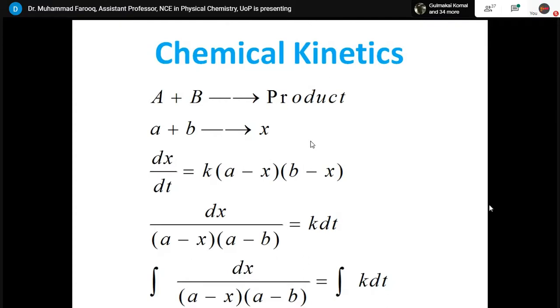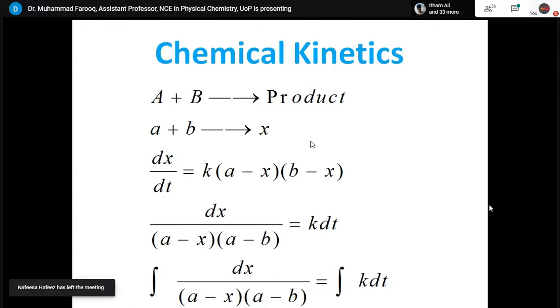In the previous class, if you remember, 2A goes to product. So in this case, we have two reactants, A and B. Let's say A is the initial concentration of A, B is the initial concentration of B, and X is the product formed.